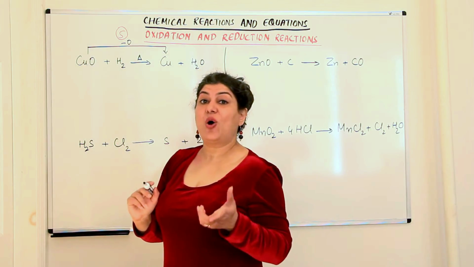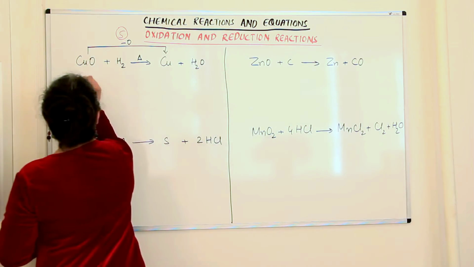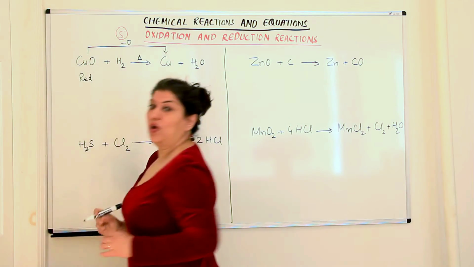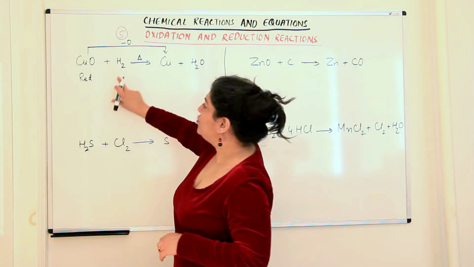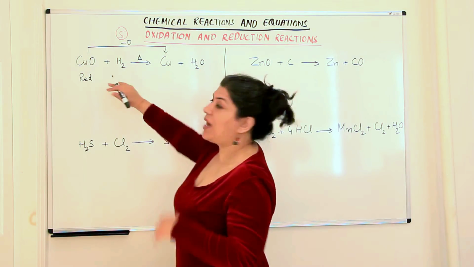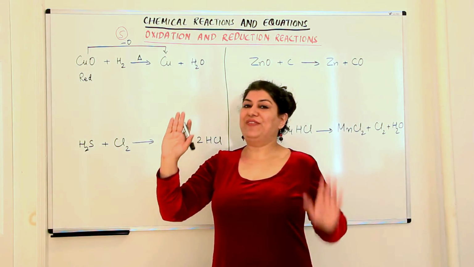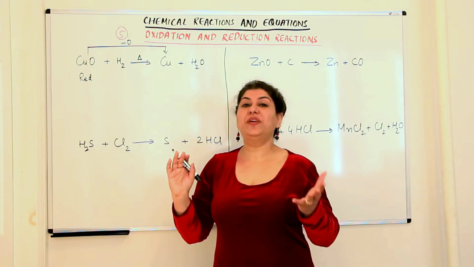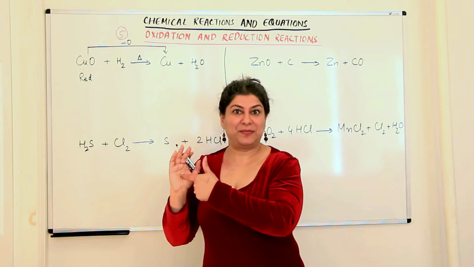If it lost oxygen, anything that loses oxygen is getting reduced, right? Loss of oxygen is reduction. So copper oxide is getting reduced, and what happens to the other reactant now? Whenever you have two reactants, I told you, if anything is getting oxidized or reduced, there has to be another one who is doing it for that.